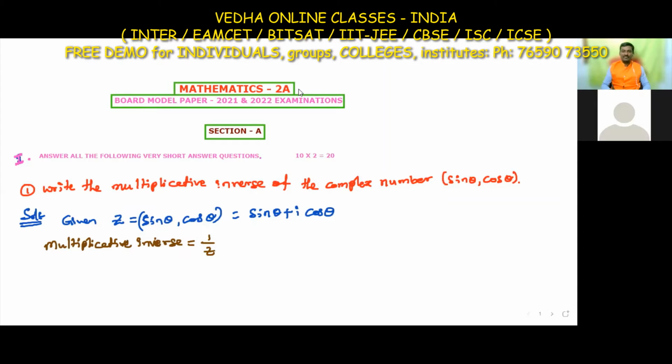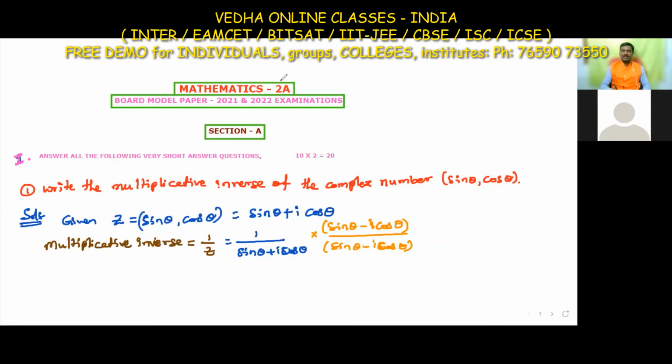Either you can apply the formula directly or just do 1 divided by z, where z is sin theta plus i cos theta. Multiply and divide by the conjugate, that is rationalizing, by sin theta minus i cos theta.